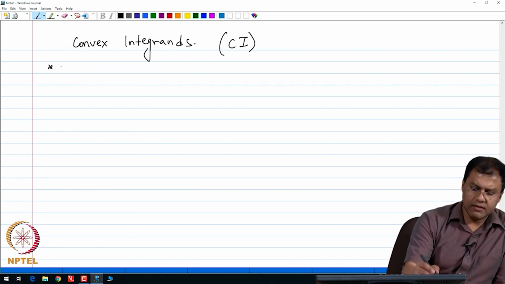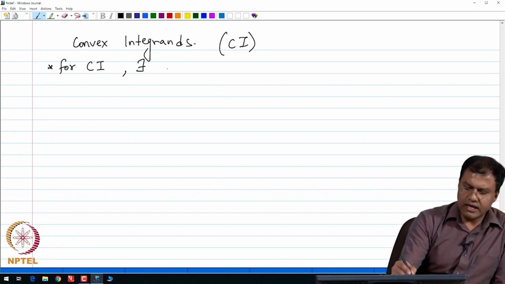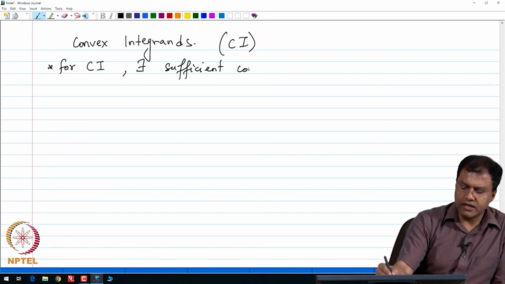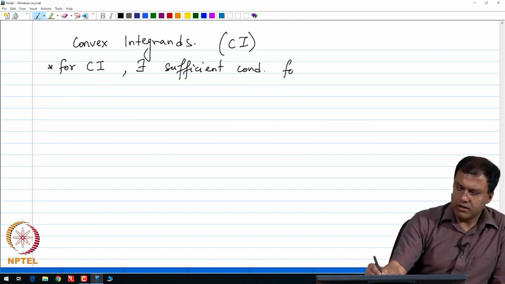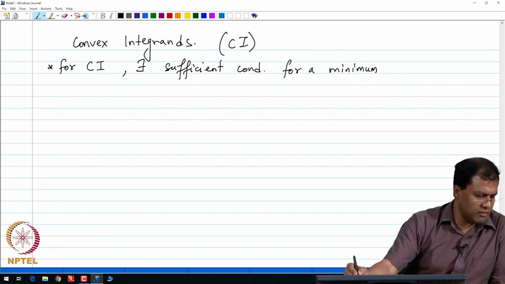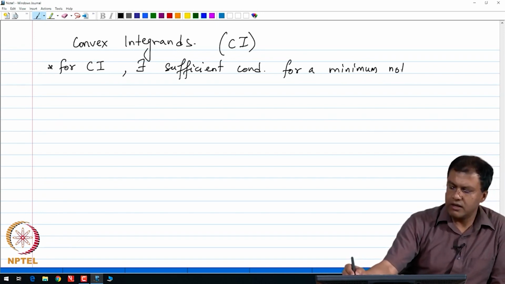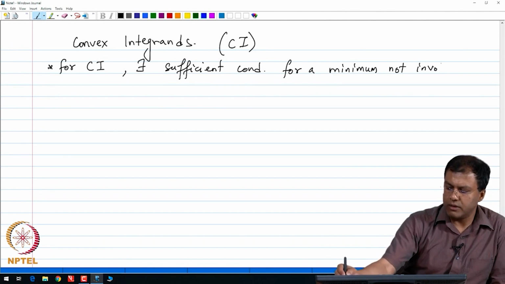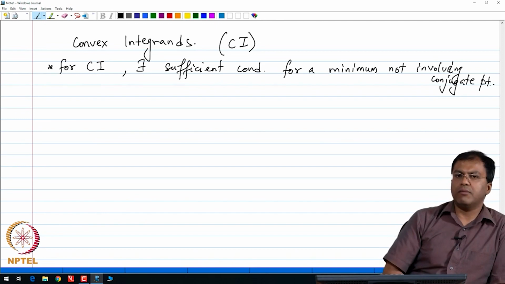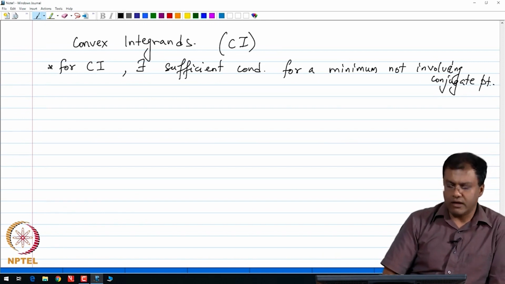As I just said, for convex integrands there is a sufficient condition for a minimum involving conjugate points. Essentially the extremal will be a minimum for convex integrands.